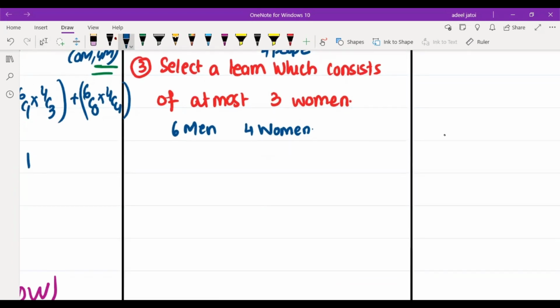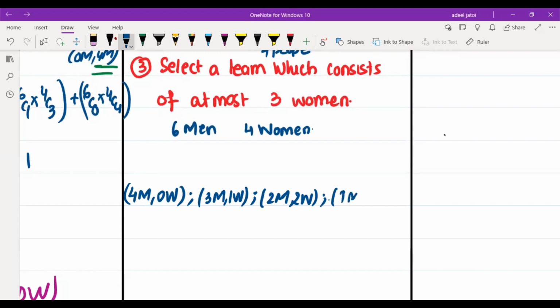Maximum 3 women means we can have 4 men and 0 women, or we can have 3 men and 1 woman. We can have 2 men and 2 women, and we can have 1 man and 3 women. But we can't have 4 women, because if the question says at most 3, it means maximum 3.